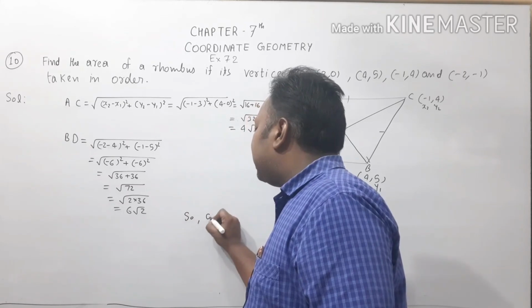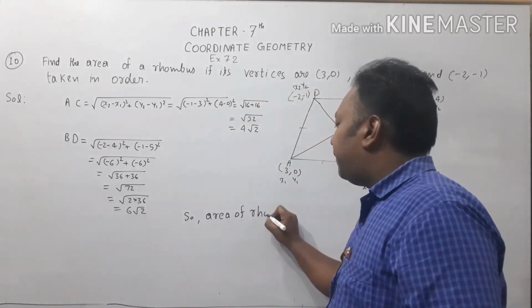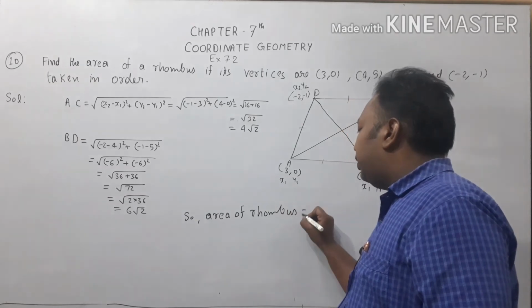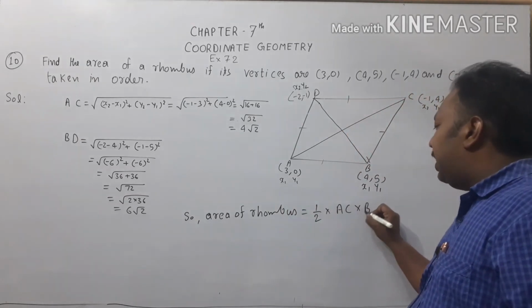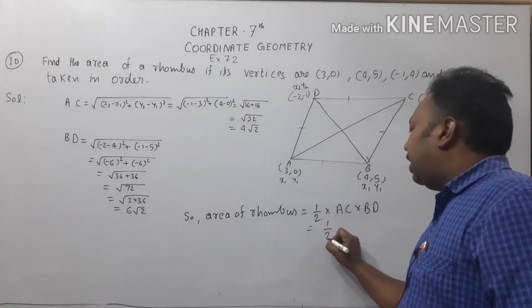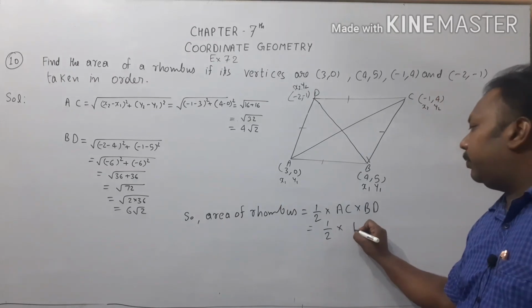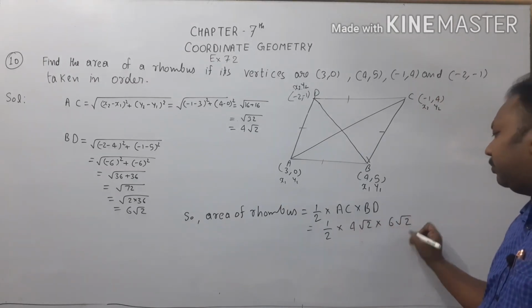So area of rhombus is equal to 1/2 D1 into D2, 1/2 AC into BD. AC is the first diagonal, BD is the other diagonal. We write down 1/2 into 4 root 2 into 6 root 2.